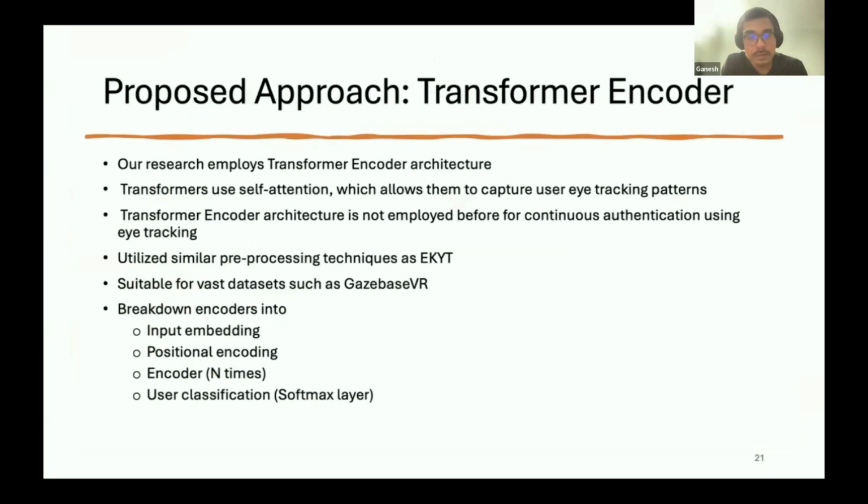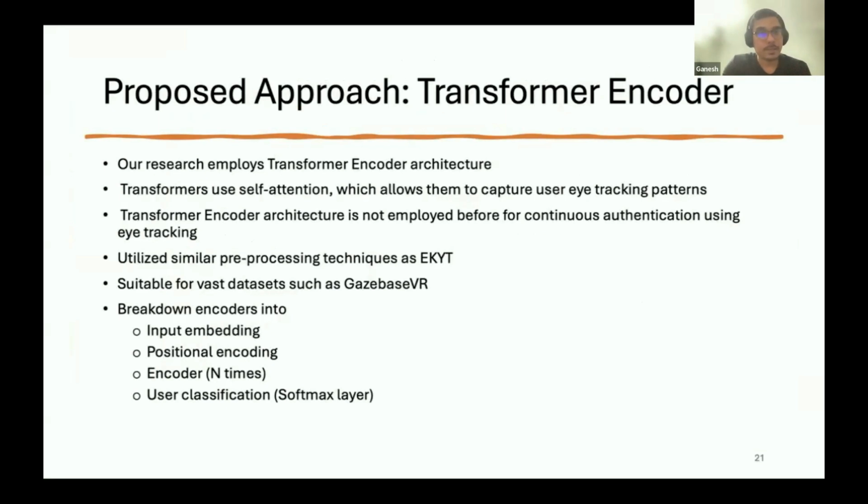So we used transformer encoder architecture. It uses a self-attention mechanism. We only used the transformer encoder architecture; we did not use the decoder.